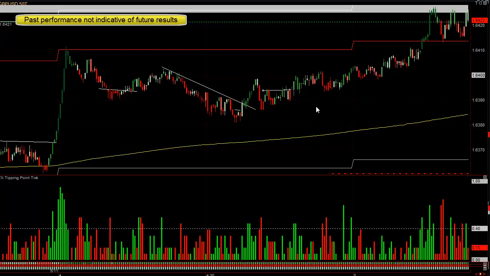But with the exception of the weakness coming in right here, typically how I plan on using this is anytime I see a lot of weakness like that, I'm in a trade, I'm going to yank my stop up underneath the sideways range, and then the strength comes back, and you can see the up moves are more dynamic, there's more broad-based moves to the upside than there is moves to the downside, which means as the bars are going up, a higher percentage of pound pairs are going up, dollar pairs going down, than on the down moves.